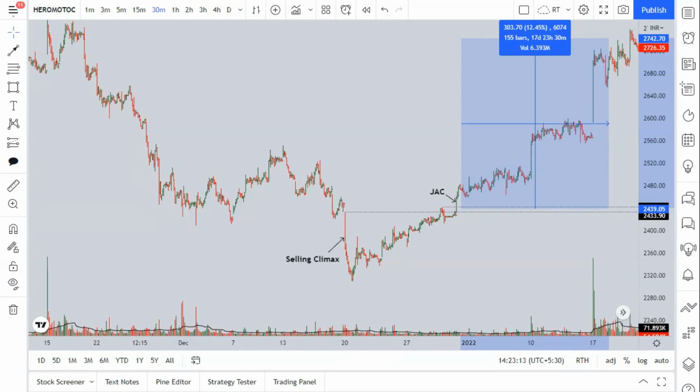The entire continuation series of volume spread analysis is coming to an end. There are only one or two topics pending. After that, I'll be starting the Elliott wave series, from day one, from the basics. After that, I'll be making a series on option selling.